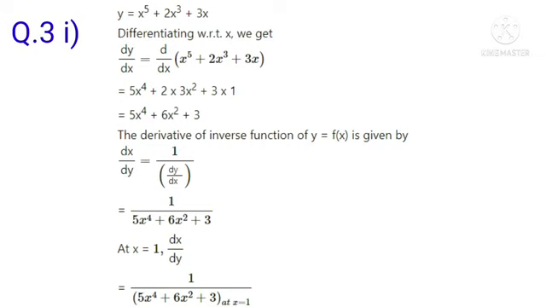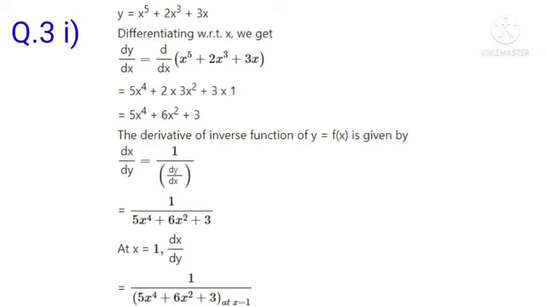Now on the RHS, give derivative to each term. There are 3 terms present. So what happens? d by dx of x raised to 5 plus 2 into d by dx of x cube plus 3 into d by dx of x.